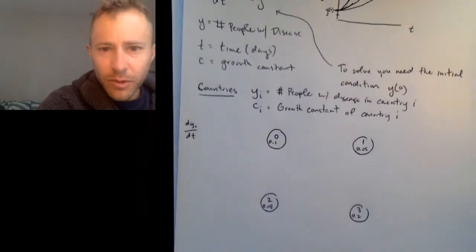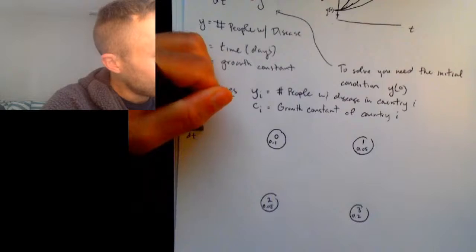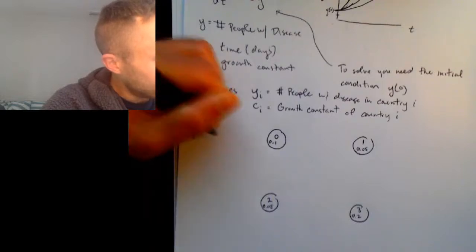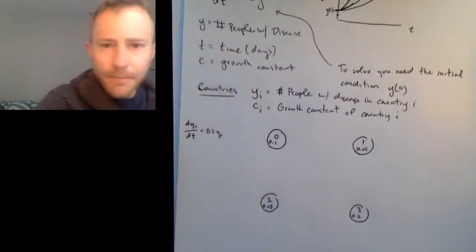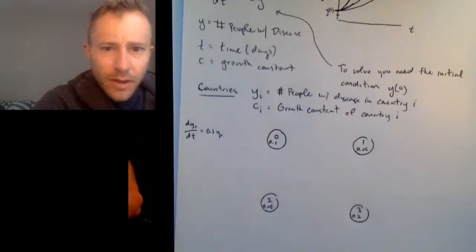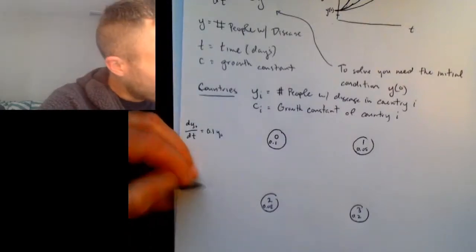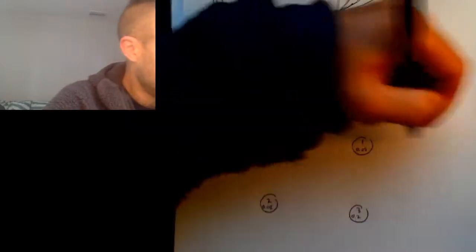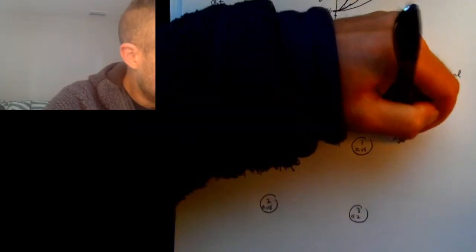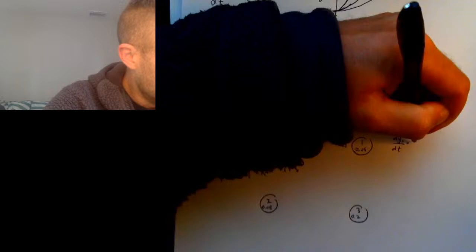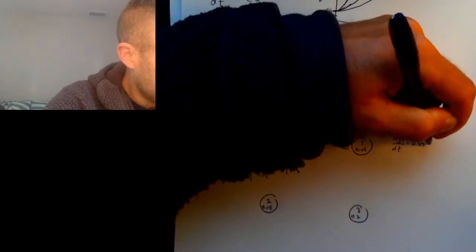So the rate of growth of country 0's disease is going to be 0.1 y0. Okay. And then the rate of growth of country 1's disease with respect to time is going to be 0.05 times y1.